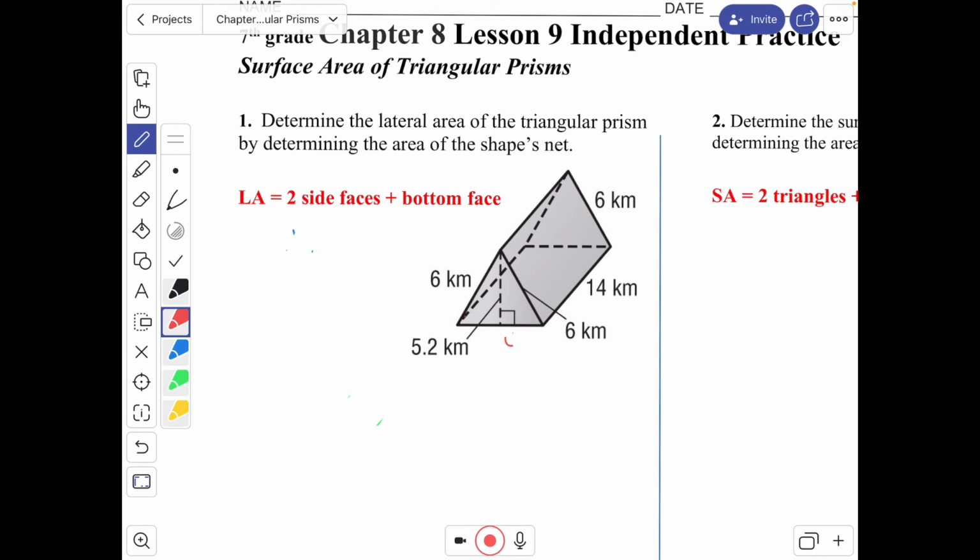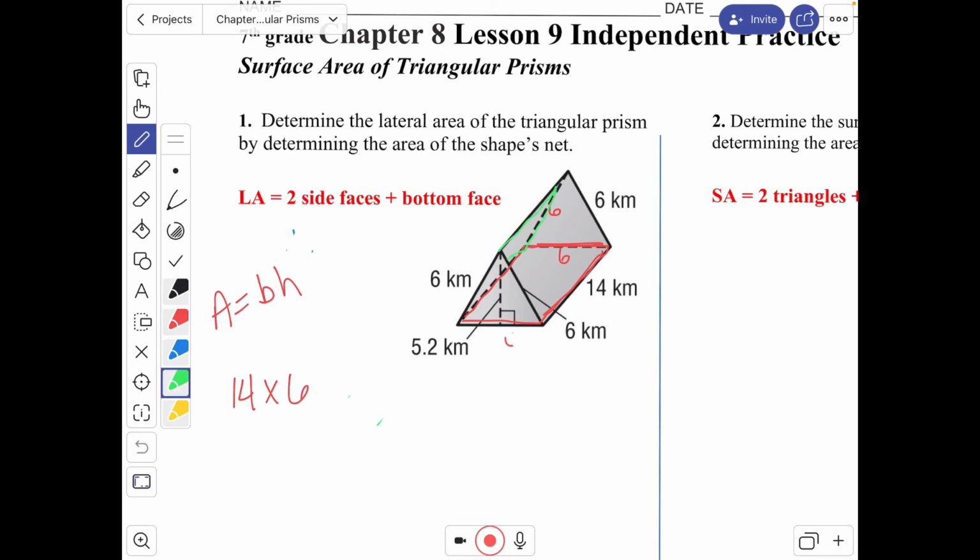So we want to find just the bottom rectangle, which would be base times height, because a rectangle is base times height. So the base is 14, and it looks like this triangle is equilateral, so all the sides of the triangle are 6. So this is 14 times 6.